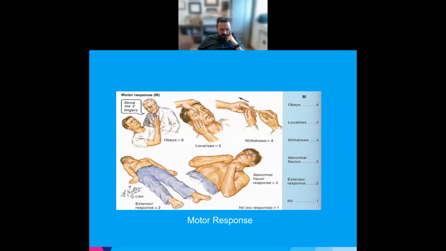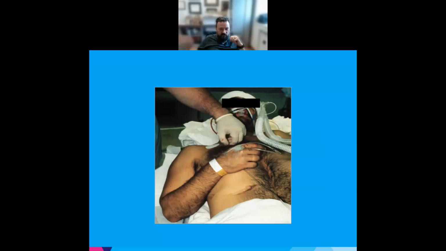Abnormal flexor response is if you have flexor response in the arms, and then usually extensor in the legs, and then extensor response of 2 is extensor in the legs and arms. Particularly 1, 2, and 3 are often signs of severe brain dysfunction, so something potentially serious going on.